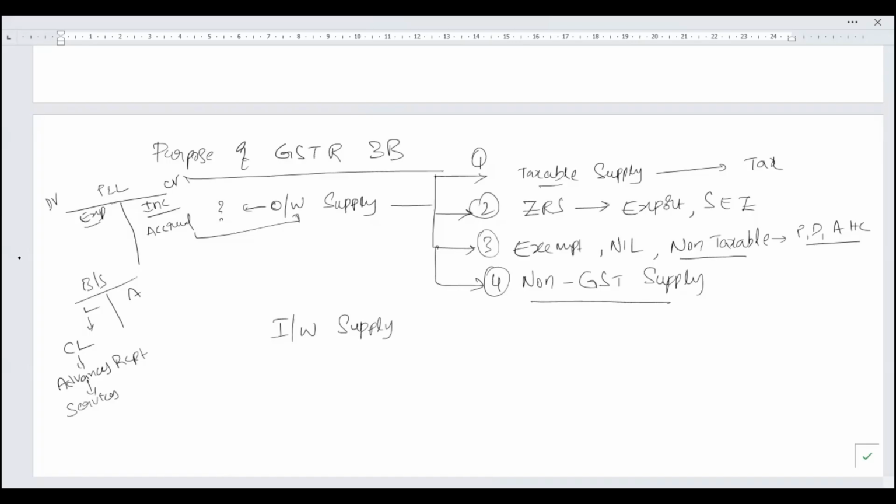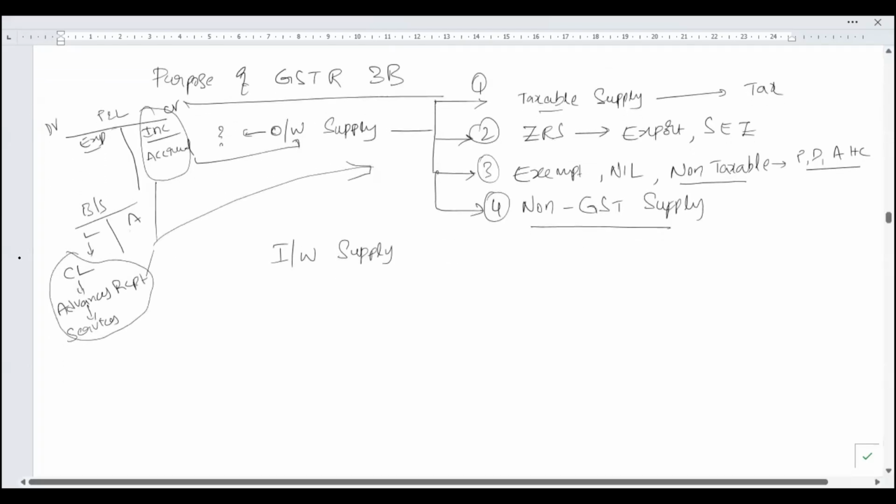When we say supply, it may be supply of goods or supply of services, but only advances for services are liable to GST. So when we start our activity of filing GSTR-3B, our main objective would be to analyze the credit side of the P&L account and analyze your current liabilities. All these elements would travel to my GSTR-3B. This is your basic understanding of outward supply.